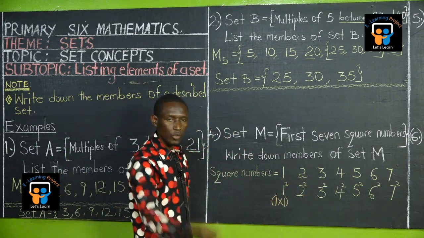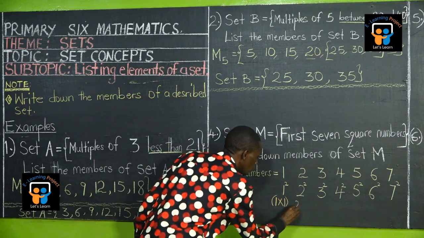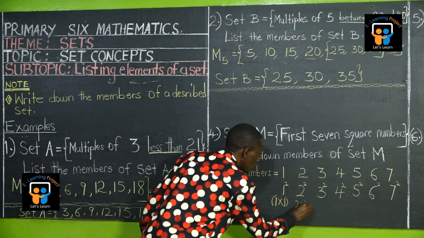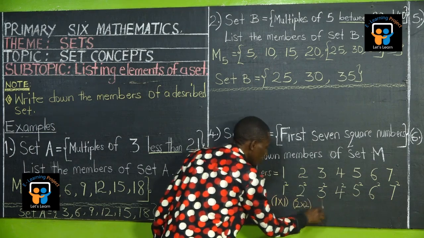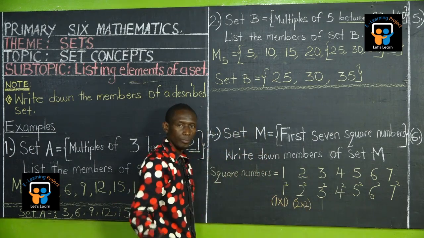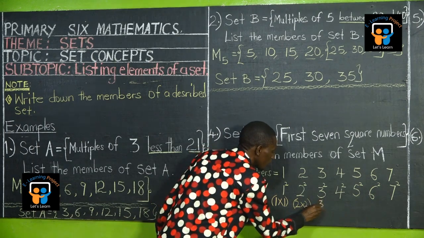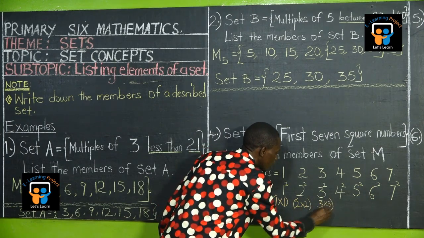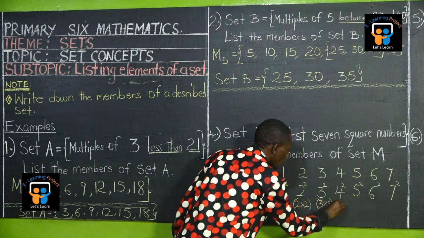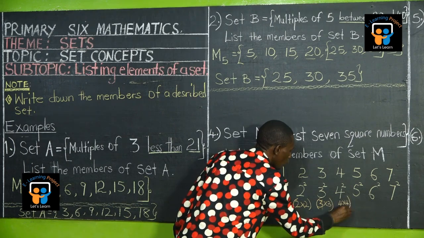2 raised to power 2 is 2 times 2. Good. Yes. Then this one. Yes, Tom. 3 times 3. And then 4 times 4. Good.